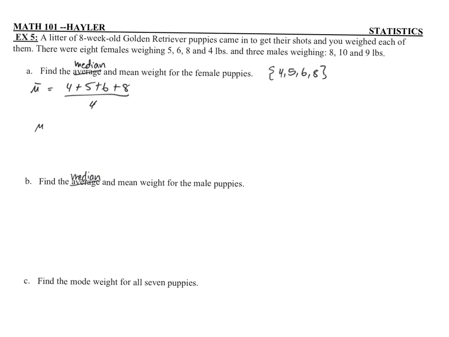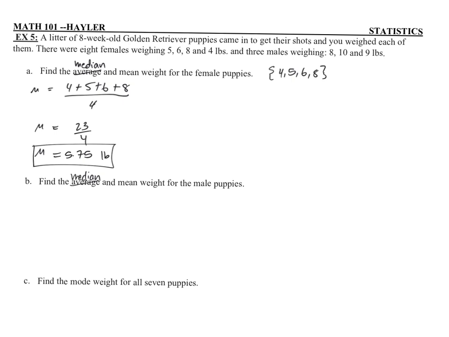It's not supposed to be mu bar, it's just mu. 4 plus 5 is 9, 9 and 6 is 15, and 8 makes 23. So we get 23 over 4, which equals 5.75 pounds. So that's the mean weight.